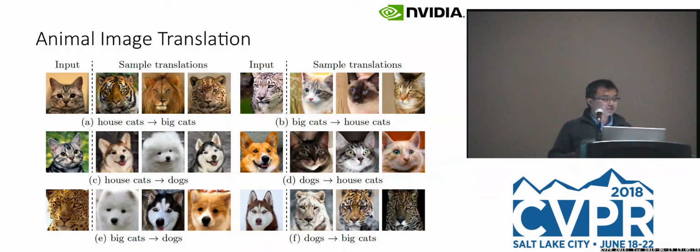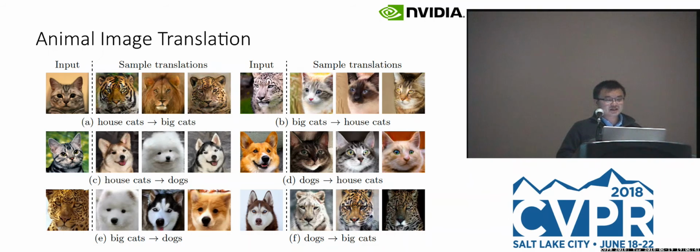So here are some examples for animal translation. The input is a cat, and we can synthesize different big cats: tiger, lion, and leopard. And here is cat to dog translation, different breeds, and other examples. You can see that the translation output pretty much keeps the same pose as the input images, but different domains still have some kind of difference.